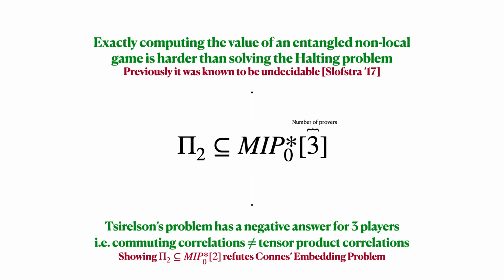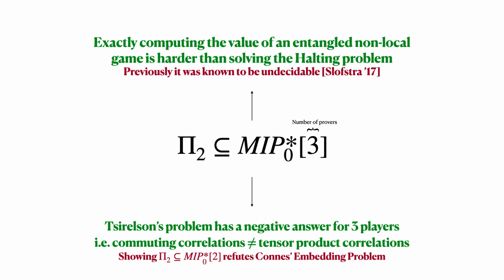And we have here one last notation to introduce. The number of provers allowed in an MIP star protocol is denoted in the bracket. Our result states that Pi2 is in fact contained in MIP star 0 with 3 or more players.